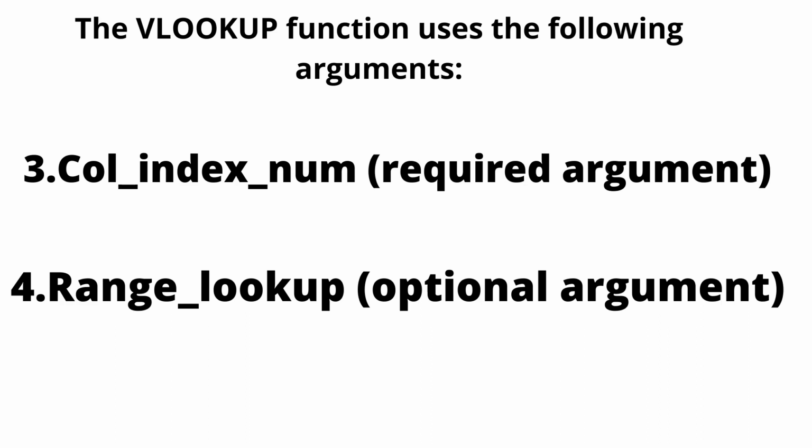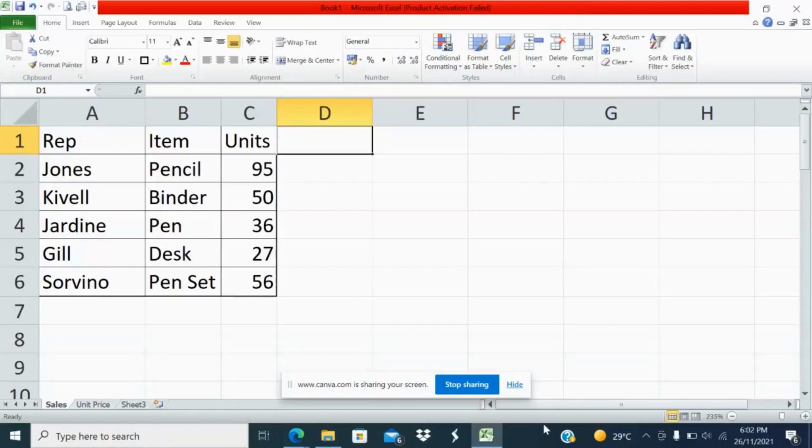This defines what this function should return in the event that it does not find an exact match to the lookup value. The argument can be set to true or false, which means true approximate match, false exact match.